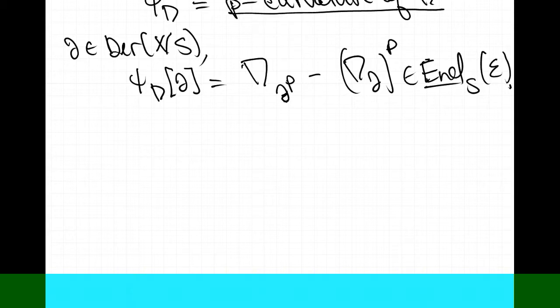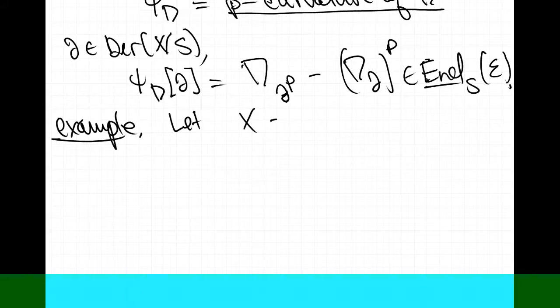Okay, so this is what p-curvature is. And now I'm going to talk about some properties of p-curvature. Or maybe I can give an example first. Okay, let X be P^1 minus some points, let's say s points, including infinity.